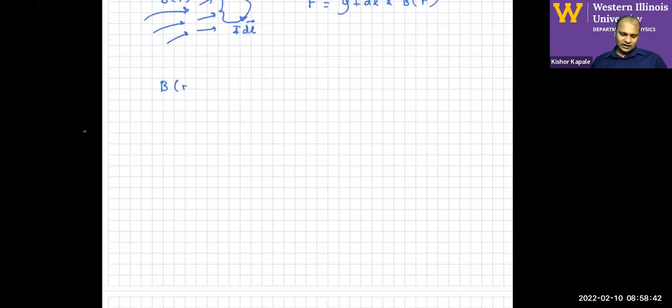We can write a similar expression if we had a continuous current density through a given region of space crossed with, again, you can see the cross product is very, very important, always occurs in magnetic field expressions.